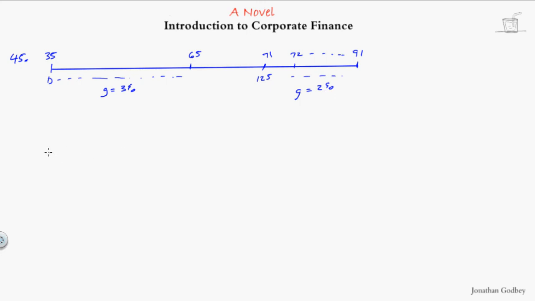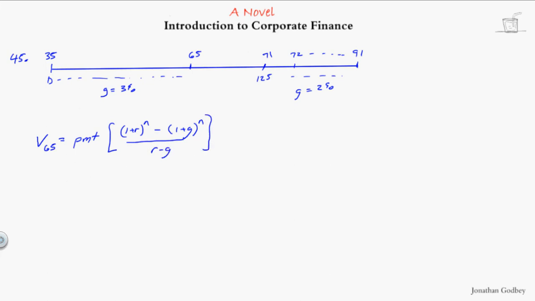Okay, here's how I can think about that. I know the formula for future value of a growing annuity. The value at year 65 is going to be equal to the payment times (1 plus R) to the n minus (1 plus G) to the n, all over R minus G. Now, what do I have?